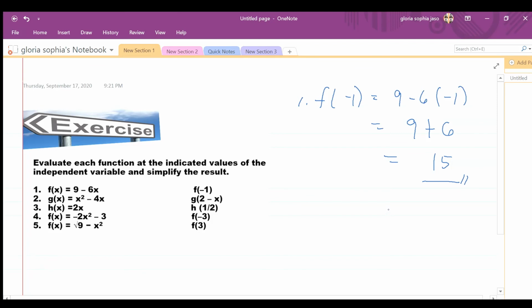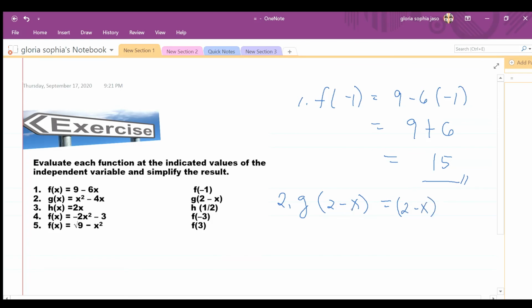Okay, so for number 2, the function is g of x equals x squared minus 4x. And we are evaluating g of 2 minus x. Okay, so g of 2 minus x equals 2 minus x.